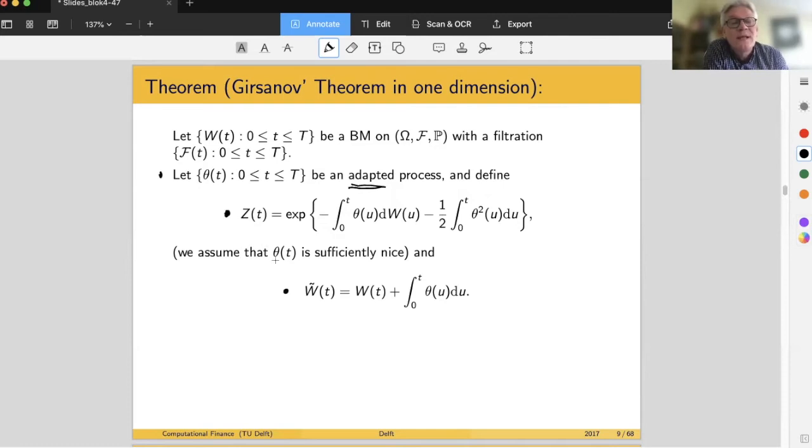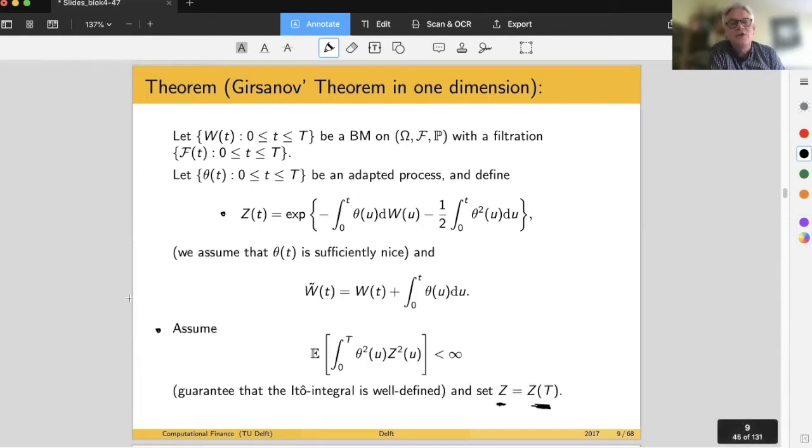Here we assume that theta_t is sufficiently nice, and later we will explain what that means, but essentially it means that this Ito integral exists and also that the Lebesgue integral exists. Let's define another process, W tilde_t, and that is W_t plus the integral from 0 to t of theta_u du. So this is our setting. We have W, we have theta, we have Z_t, and we have W tilde.